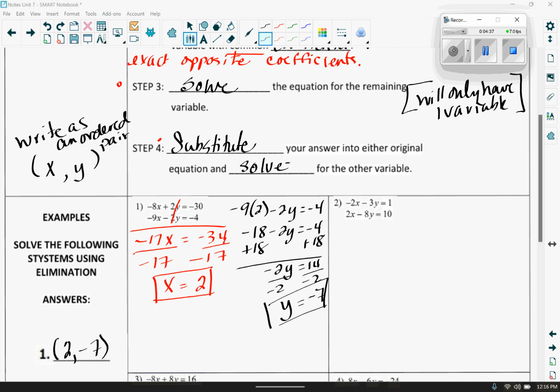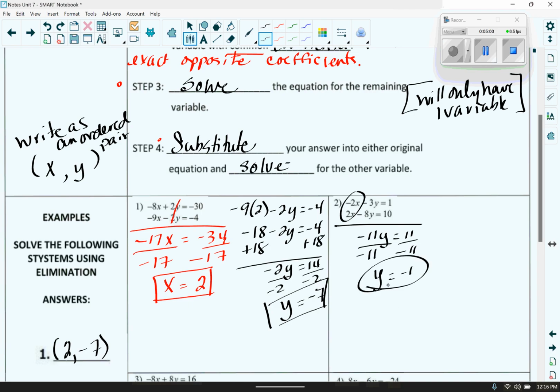Okay, and then let's try that second one. That second one, hopefully you see again that I've got a negative 2, but it's my x's this time. I'm just going to combine them. They're exact opposites, so they cancel out, and I'm left with negative 11y equals 11. I'm already at step 3, so I'm going to divide by negative 11. So y is equal to negative 1. Plug it right back into one of the originals.